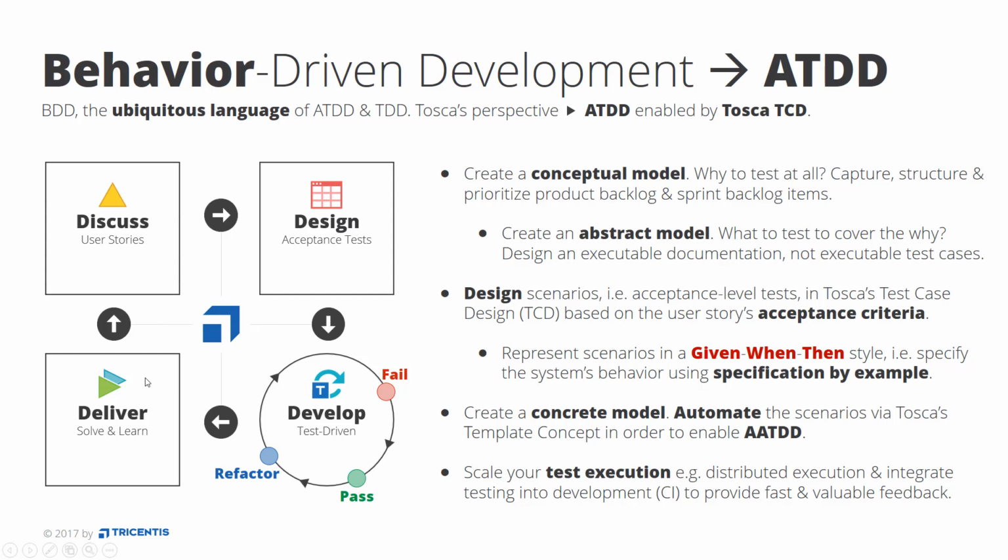In the end, you can scale your test execution, like distributed execution, integrate the tests maybe into continuous integration, to provide fast and valuable feedback, so you can do daily releases, you can do weekly releases, whatever. You can execute as often as you want and as much as you want in here.